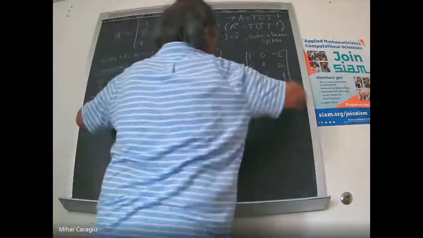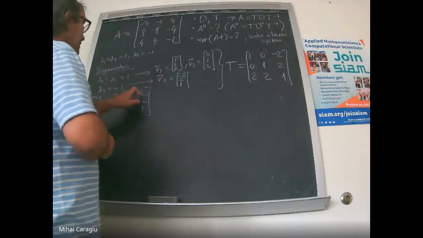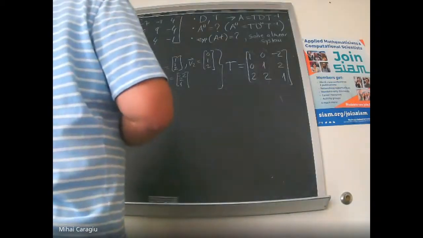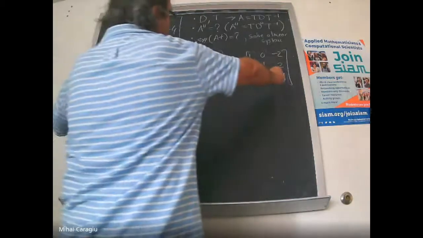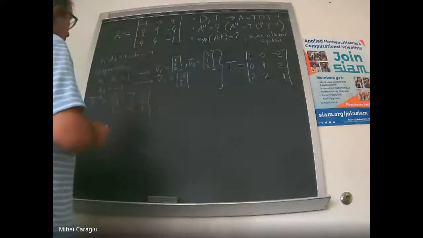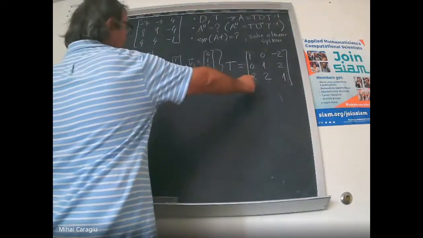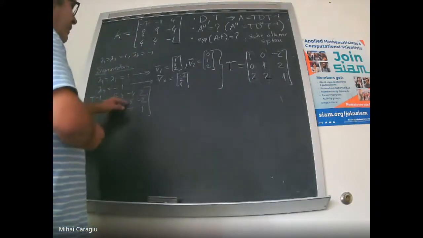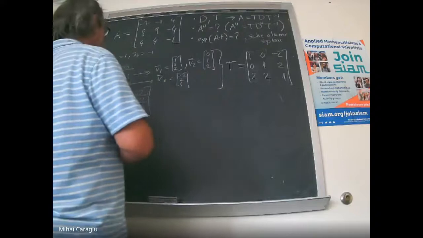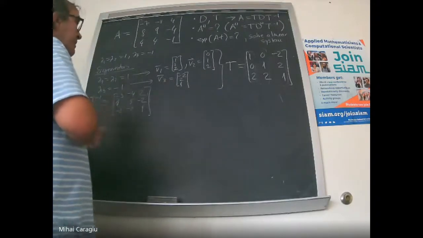First, third, we get 6 minus 8 plus 2 is a 0. And then second, first, 4 plus 0 minus 4 is a 0. Second, second, 5 minus 4 is a 1, as it should be. And second, third, we get minus 8 plus 10 minus 2, that's a 0.